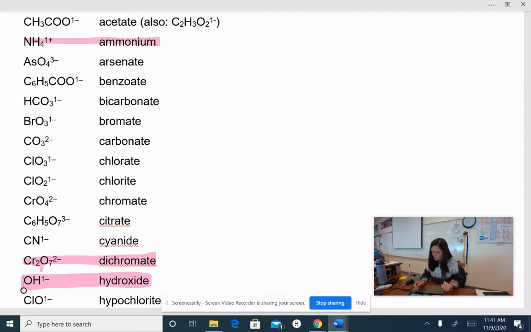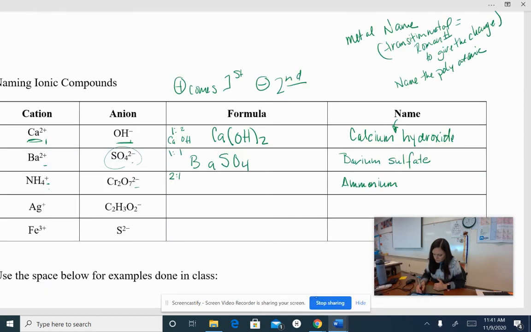Now let's figure out the formula. Let's put the dichromate here. Now be careful of your spelling, because when we do this in Canvas, it's going to be very specific to spelling. So make sure you put a space in here and make sure that you spell the names of the elements and the polyatomics correctly.